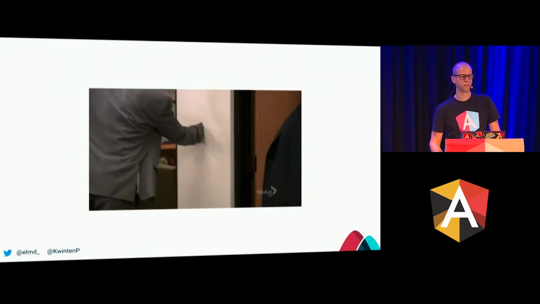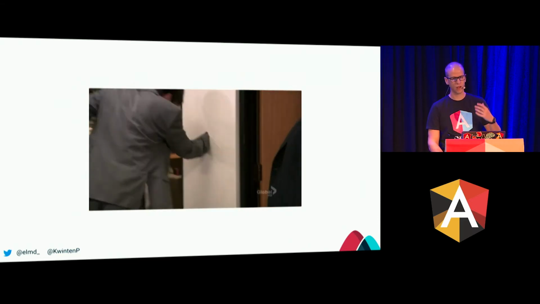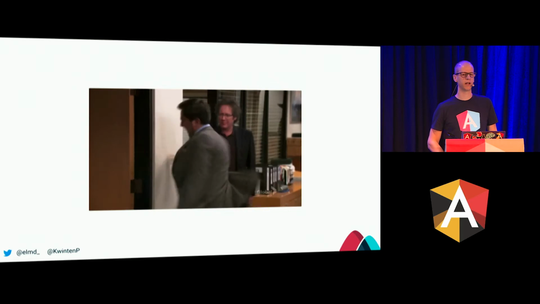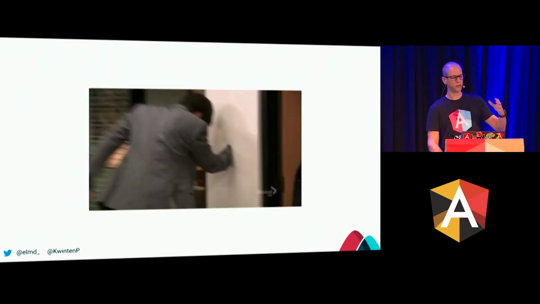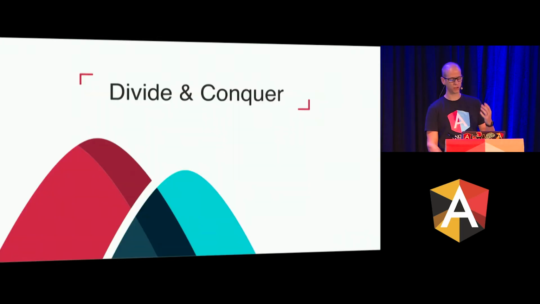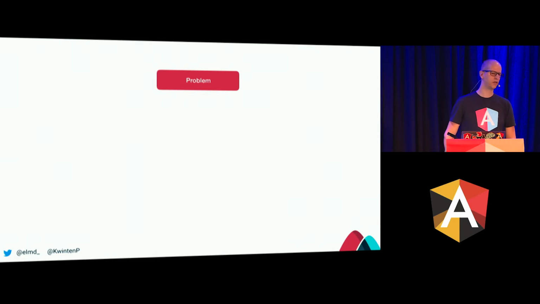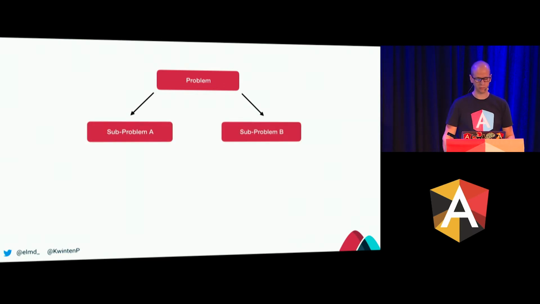This is super difficult. So one approach that we want to teach you is how you can take such a difficult thing and split it up. To do that, we can use divide and conquer. We're going to apply this here, but you can basically apply it to a lot of things. In divide and conquer, you take a problem which seems unsolvable, and you split it up into multiple subproblems.